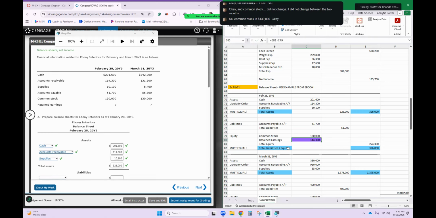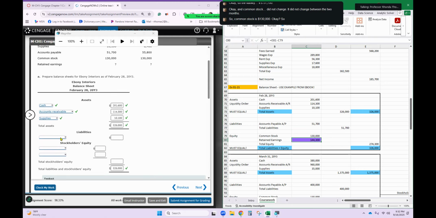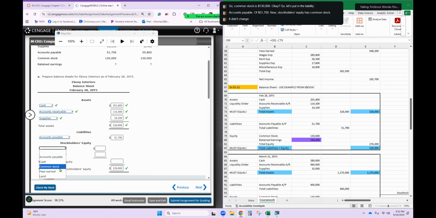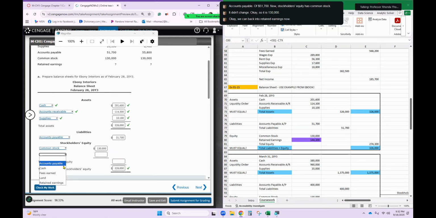So let's put in the liability, accounts payable of 51,700. Now, stockholders' equity has common stock. It didn't change, so it is 130,000. Okay, we can back into retained earnings now. We can back into it, and here's how.